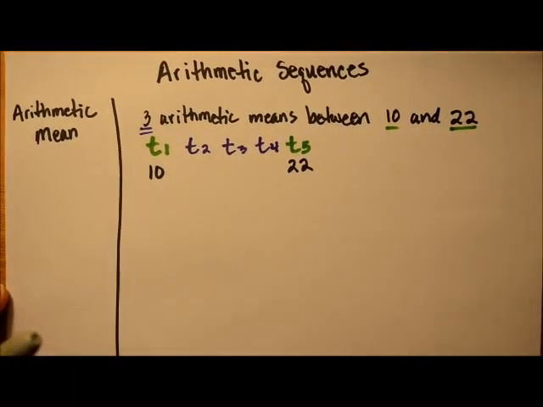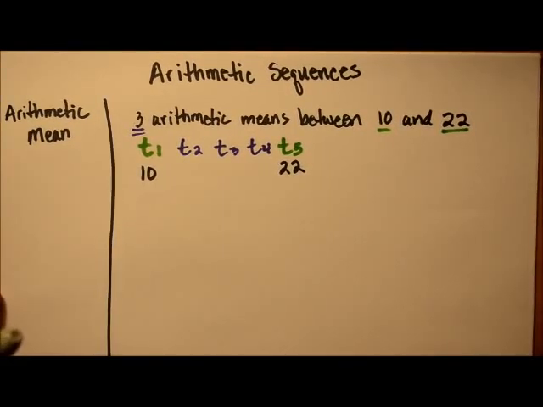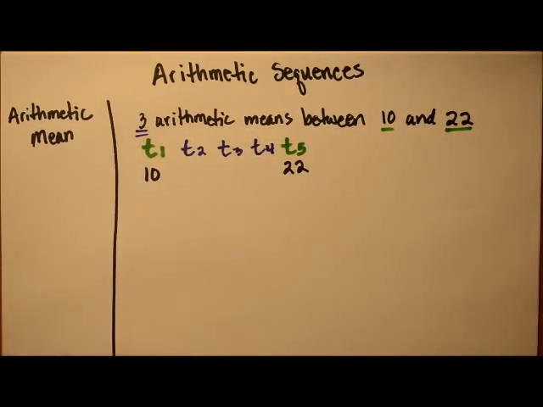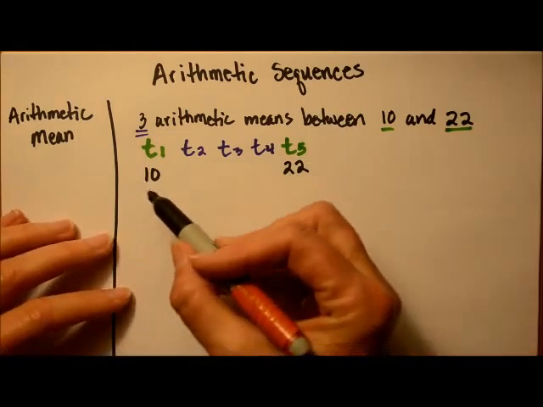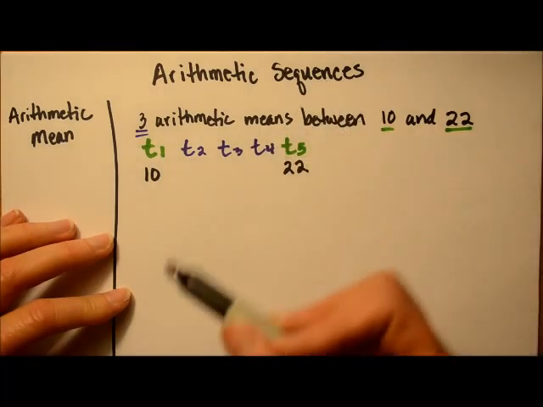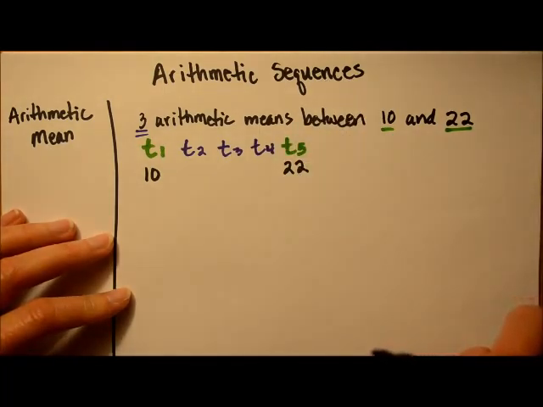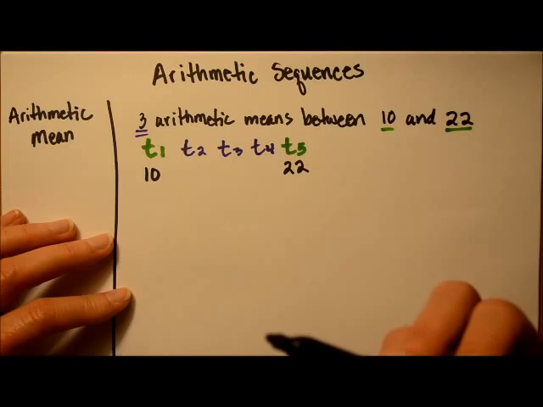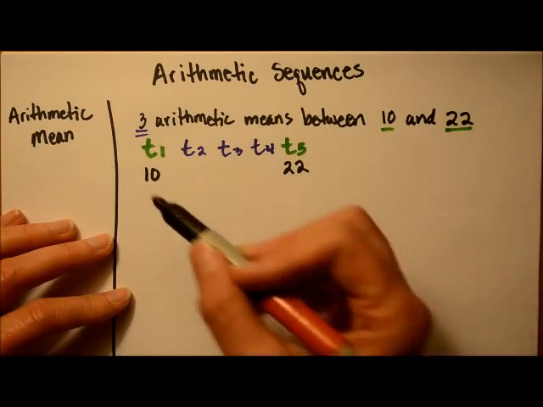Now, what they want to know is this: what is T2, T3, and T4? Well, I don't know, because the way I get an arithmetic sequence is by finding the difference.